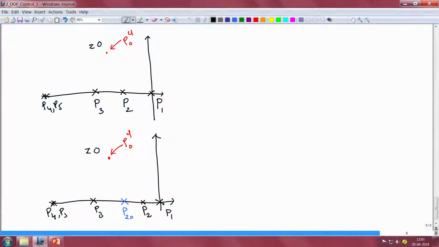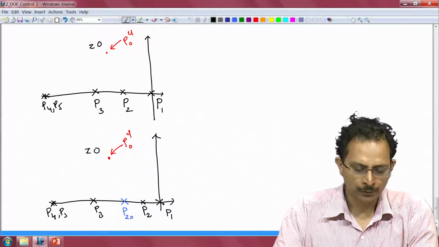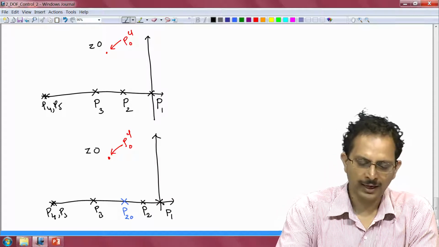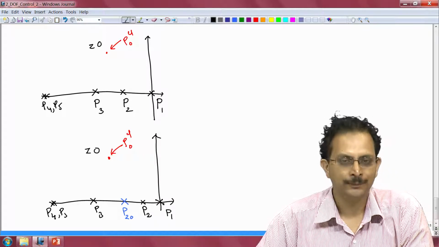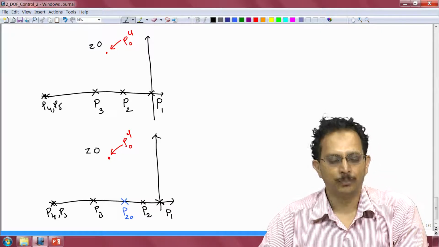So, in order to undertake that, I have drawn here the complex plane, where in the first graph I have located the points P1, P2, P3, which are the nominal positions of the plant poles, along with the pole locations P4 and P5 of the controller, and I have located the point Z in the upper quadrant of the complex plane.